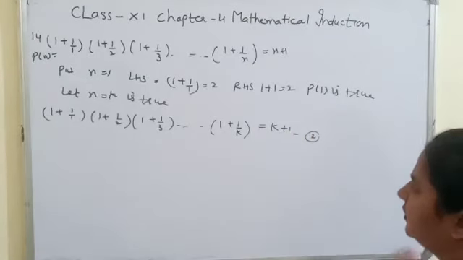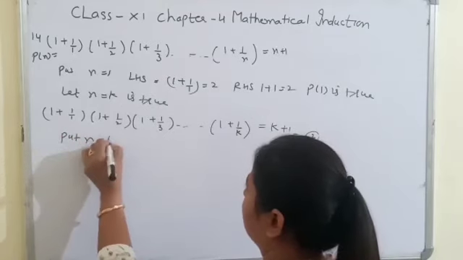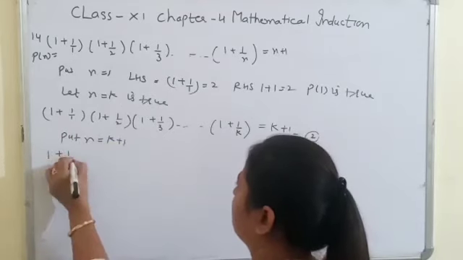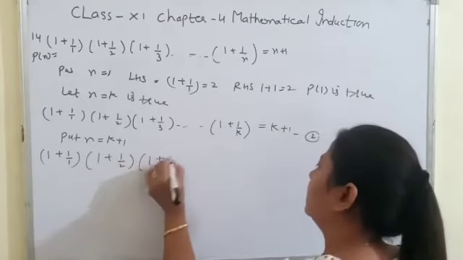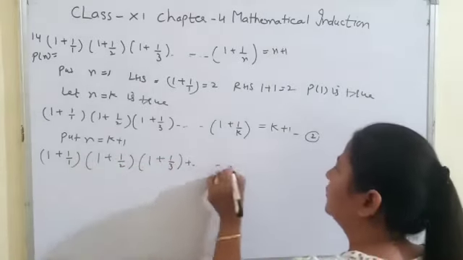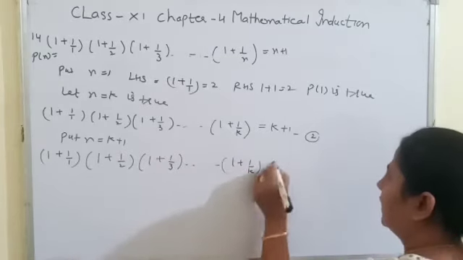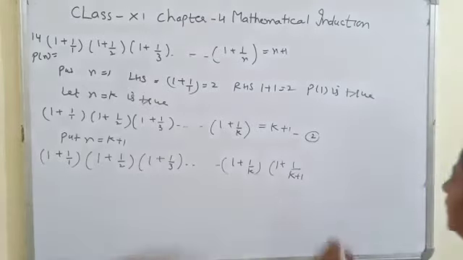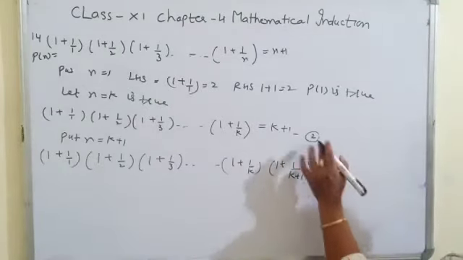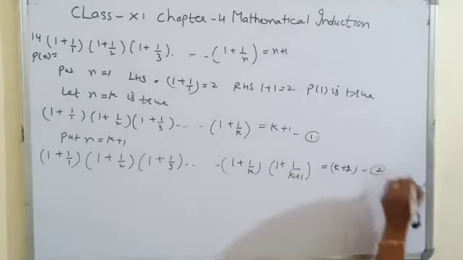This is the second. Now put n equal to k plus 1. When we substitute, 1 plus 1 by 1, 1 plus 1 by 2, 1 plus 1 by 3, up to 1 plus 1 by k, and the last term is 1 plus 1 by (k plus 1), is equal to, sorry, k plus 2. Now this is the second.